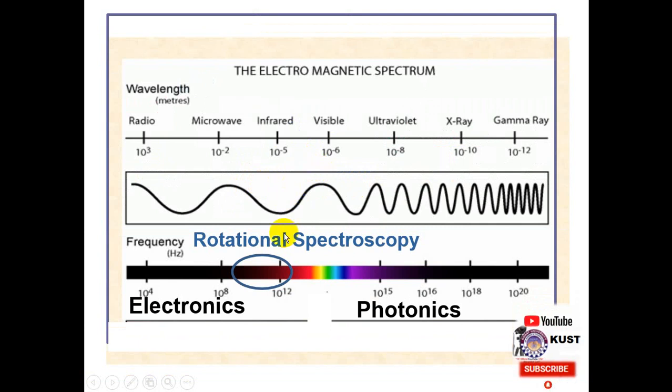The microwave region of electromagnetic radiation has a range from 3×10^8 to 3×10^12 Hz, and it has a longer wavelength as compared to the X-ray, ultraviolet and infrared regions.